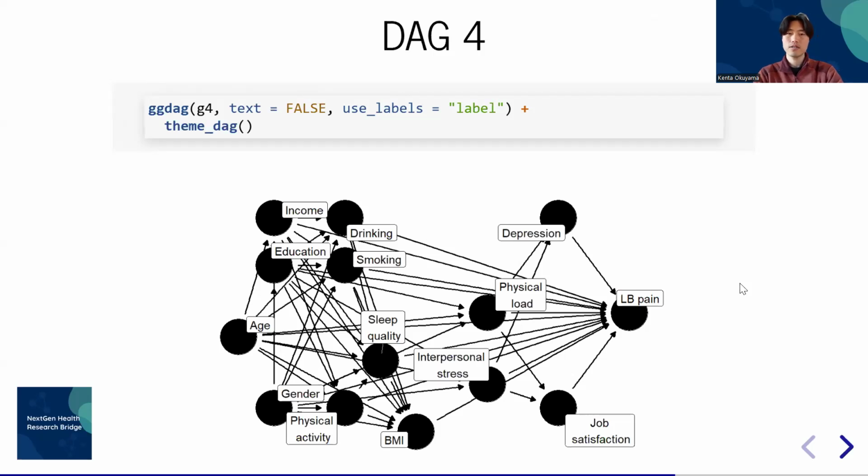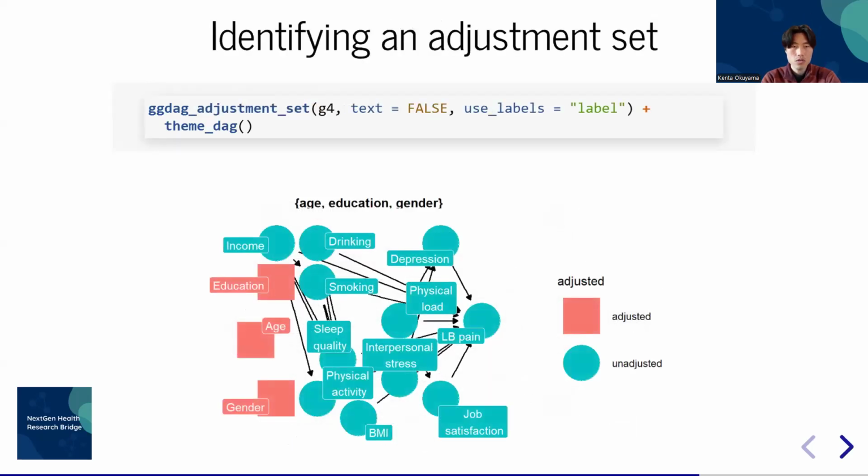Okay, now let's see which variables we should adjust for to estimate the total effect of physical load at work on low back pain. To do that, we can use this function, ggdag adjustment set. G4, which is the DAG object, and the rest are the same.